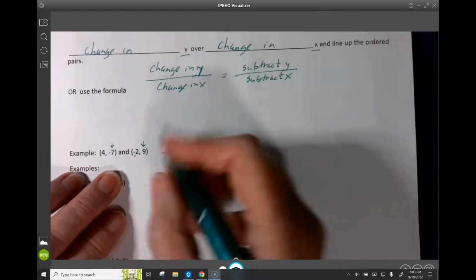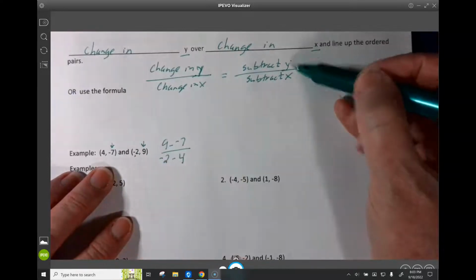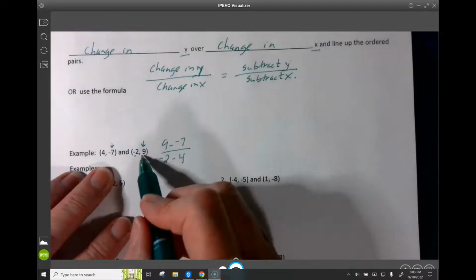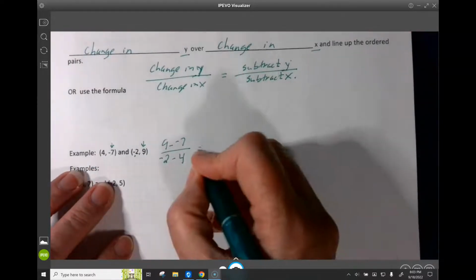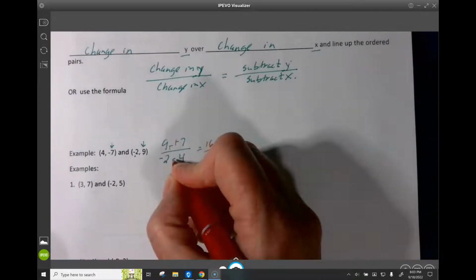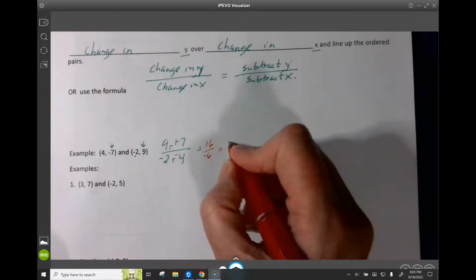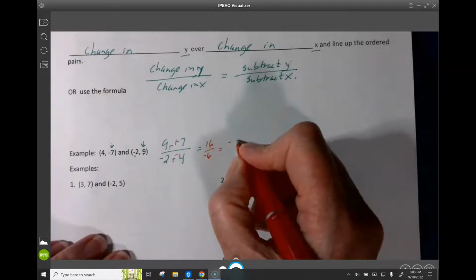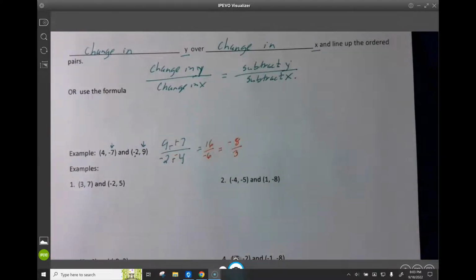Because I have to go that same direction, so I have to go -2 minus 4. So I subtract y over subtract x. I take 9 minus -7 over -2 minus 4. So I get 16 over -6, which is equal to -8 over 3. Yes? Okay, now hold that thought for just a second.